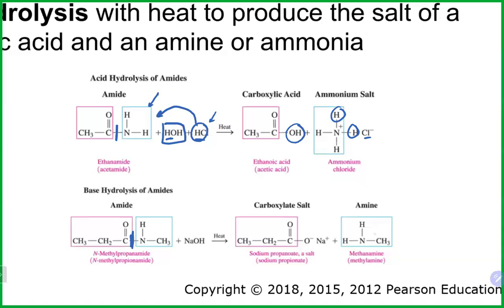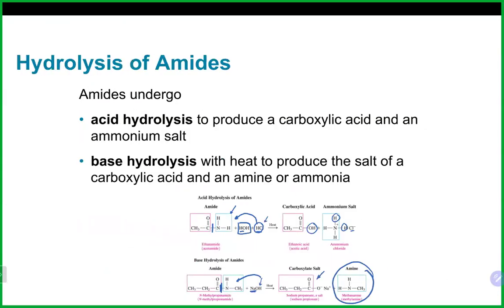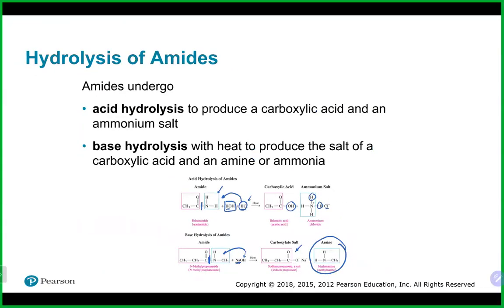So in the base, we get back our amine, and you can think of it as the hydrogen coming in to get back your amine. And that's going to leave us, much like we saw before, our sodium and our oxygen, which is negative, and that will come back to our carboxylic acid and make a carboxylic acid salt. So in the acid hydrolysis, we get the carboxylic acid back completed, and we make a salt for the amine part of it. And in the base one, we get the amine back, and we make a carboxylic acid salt.